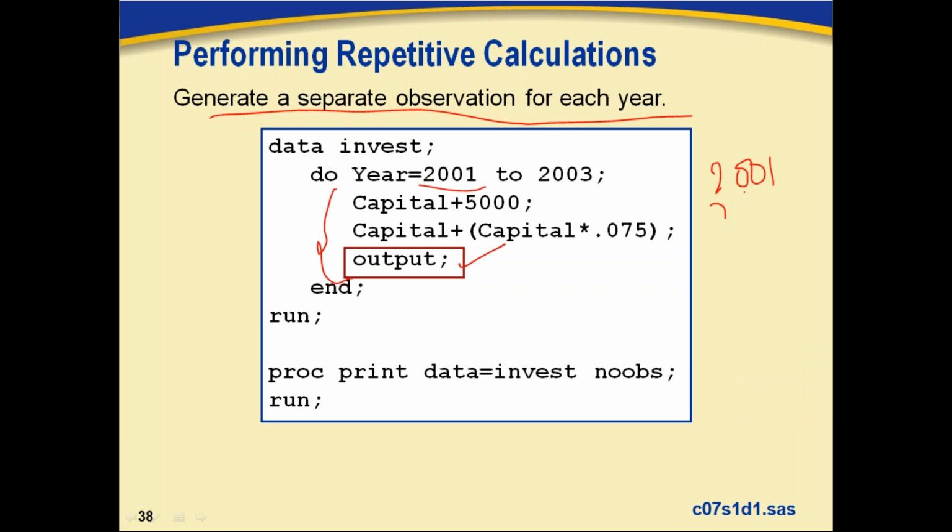When the year value is 2002, it will execute all the statements inside the do and end. When the value is 2003, yes, it will execute these statements. But when the value is 2004, it will come out of the loop, end the do loop, so these statements will not execute. So the year value won't be 2004.